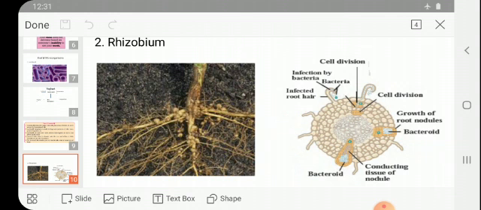The enzyme nitrogenase is necessary for the growth of the plant, and thus the plants grow and develop properly. Are you getting it? This is how Rhizobium grows inside the root nodules and how they are able to fix the atmospheric nitrogen inside the soil.